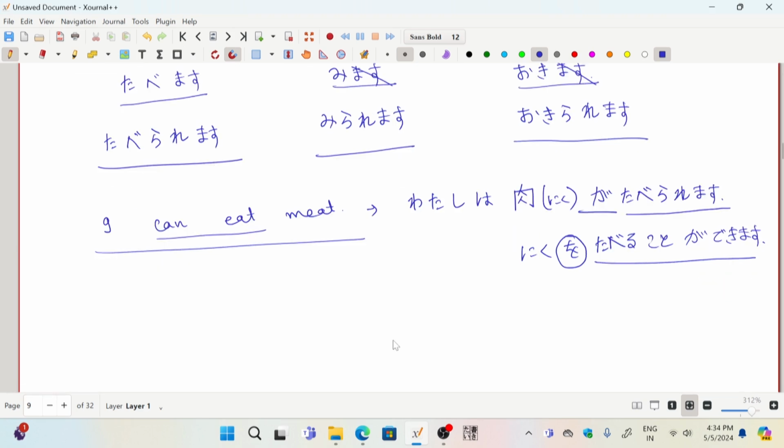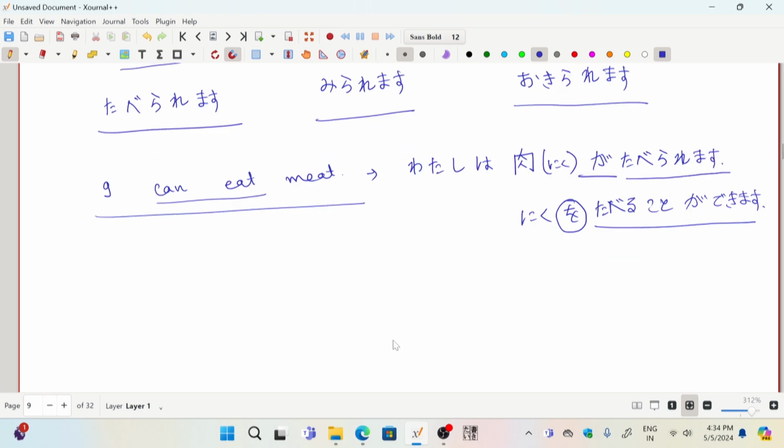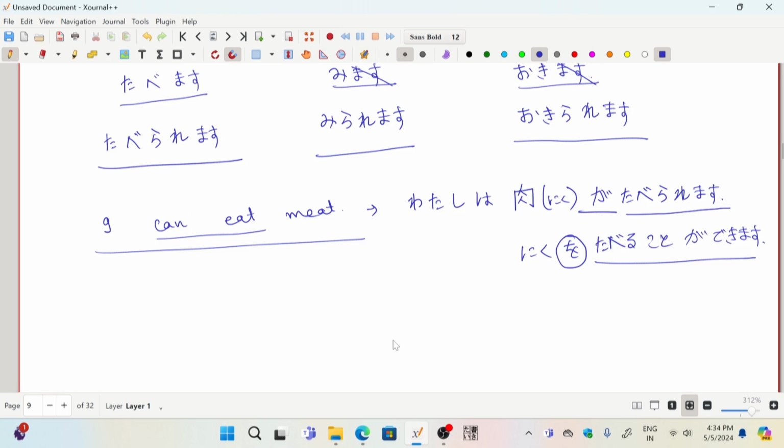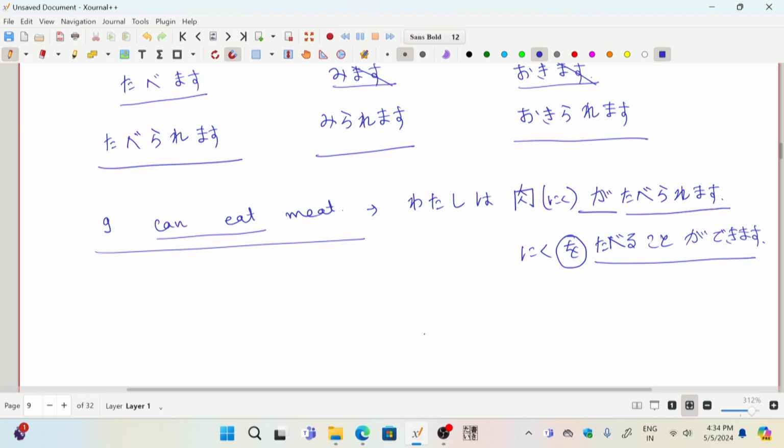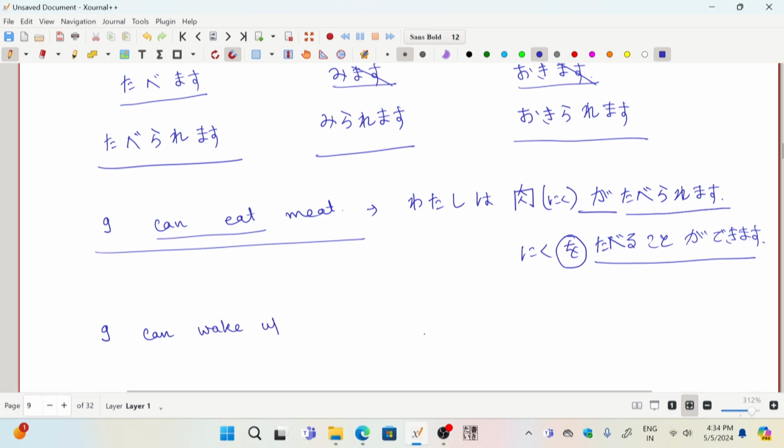So now I can say I can watch a Japanese movie, or I can wake up at 5 o'clock in the morning, I can wake up early morning. Just make a sentence. I can wake up early morning.